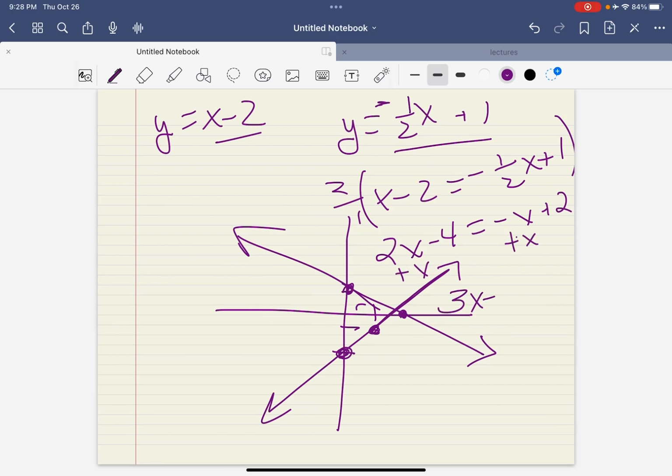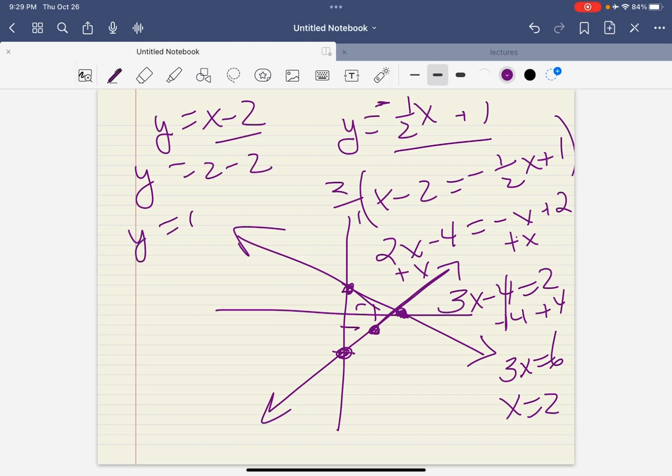So that's 3x minus 4 is equal to 2. Add 4. 3x equals 6, and x is equal to 2, so that is right here. And so then y should be 0, because it's on the axis. So y is equal to 2 minus 2. So yes, y is equal to 0. So it's (2, 0).